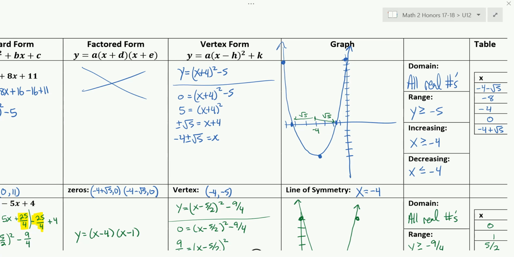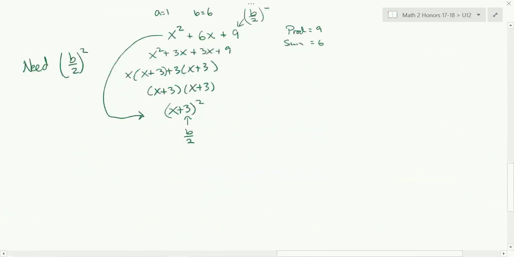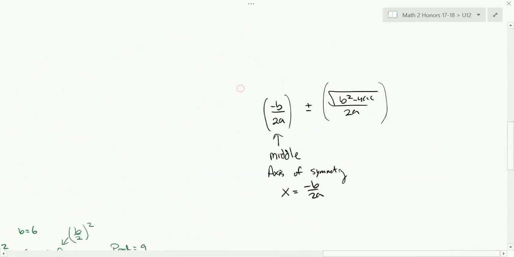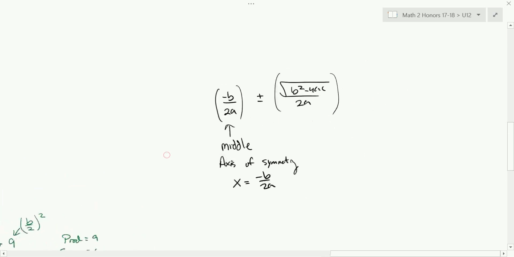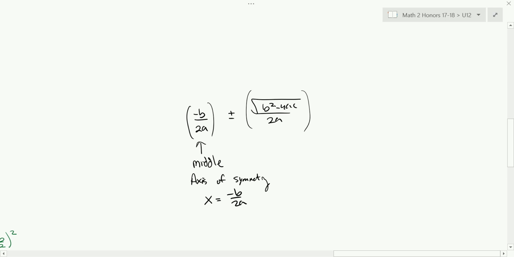Well, when we were solving the quadratic formula, before we got to our last step, we had the negative b over 2a plus or minus the square root part. It's the same idea: negative b over 2a is the middle, or the axis of symmetry, and the square root part is how far from the middle our x-intercepts are landing.